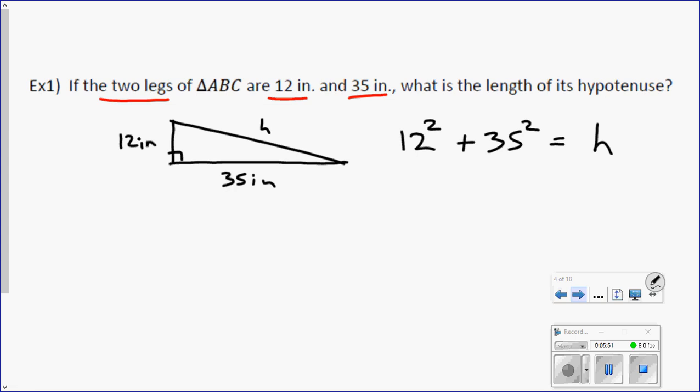So, we start to evaluate. 12 squared is 144. 35 squared is that. Oh, that was supposed to be squared. So then, the next step in solving for H would be to add these two together.